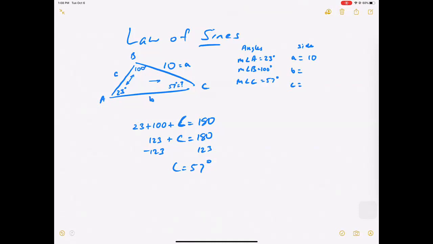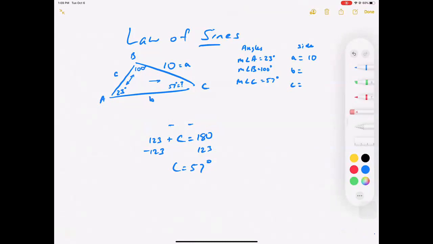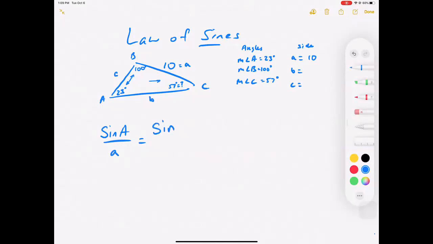So we're going to try our new rule today, and our new rule is called law of sines. Let me go ahead and write that. We have 2 different versions. We have one where we write sine of A over little a is equal to sine of B over little b, which is also equal to sine of C over little c.